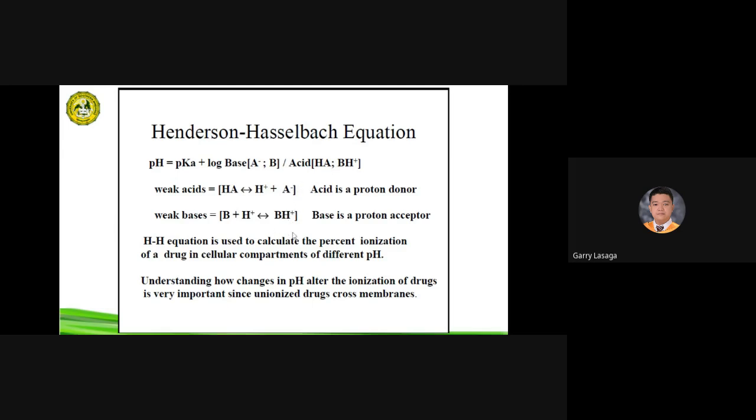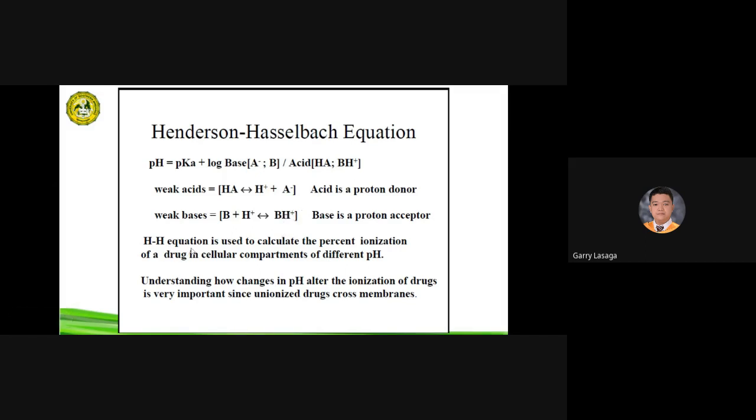This is the conjugate acid. Meaning that the conjugate base refers to this particular molecule that will be formed after the removal of the hydrogen ion. This particular molecule, the conjugate acid, will be formed after the base has accepted hydrogen ions.